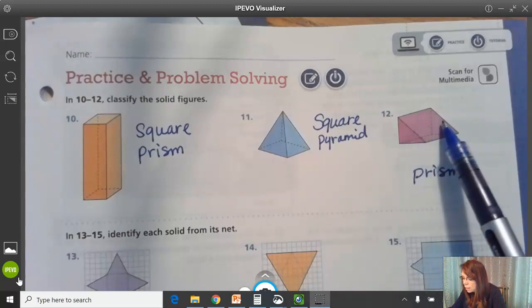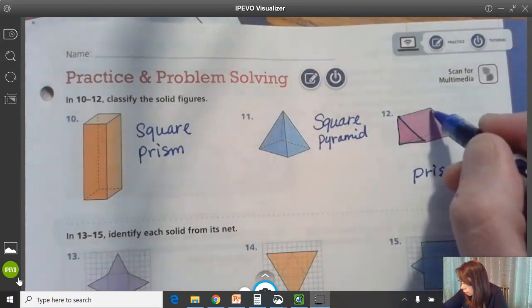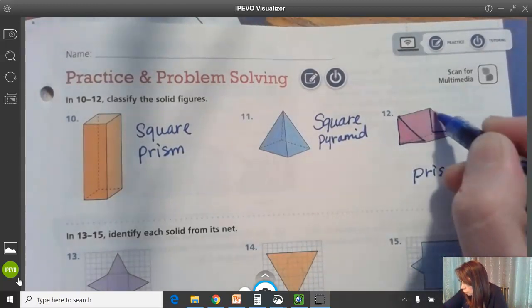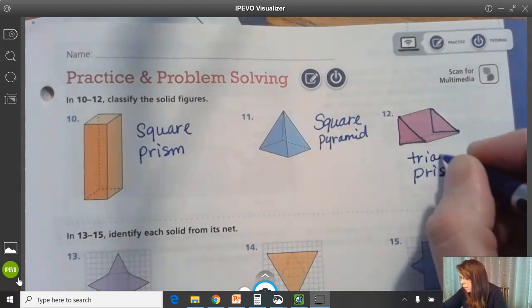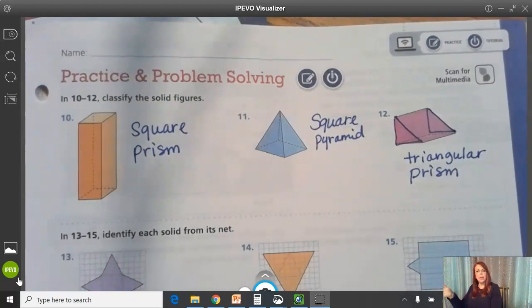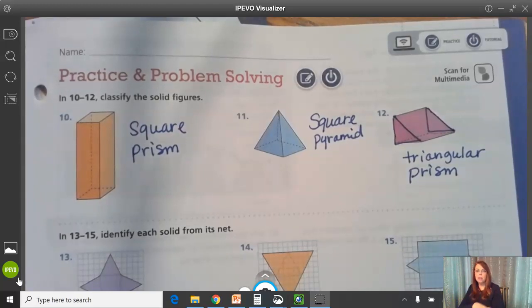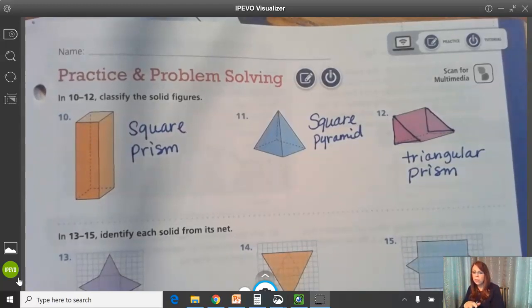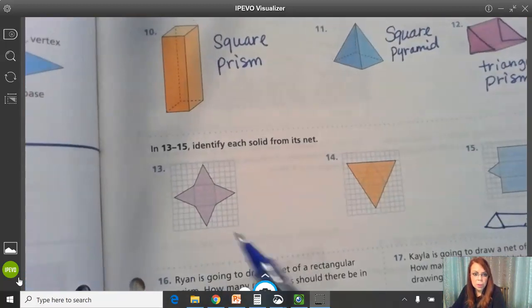And these ends here and here identify that it is a triangular prism. Remember that the bases, there can only be one or two of them. So the other sides, whether it's rectangles or triangles, if there's more than two of them, that is not your base.